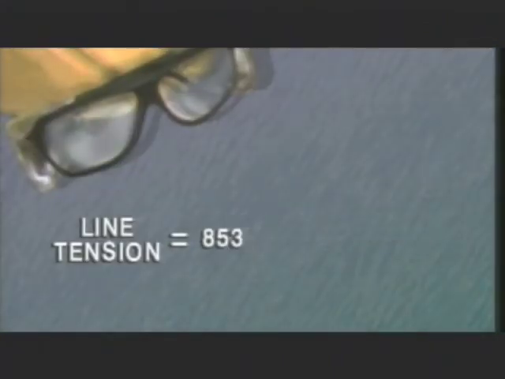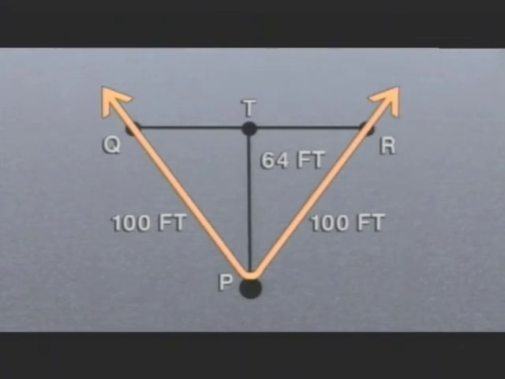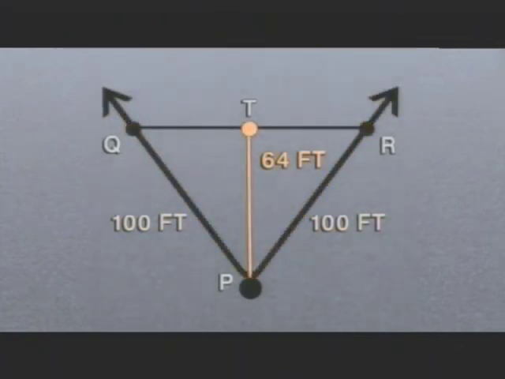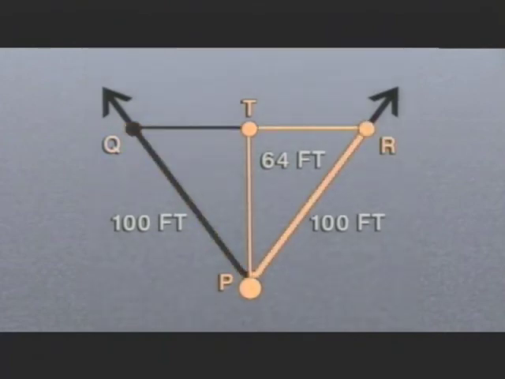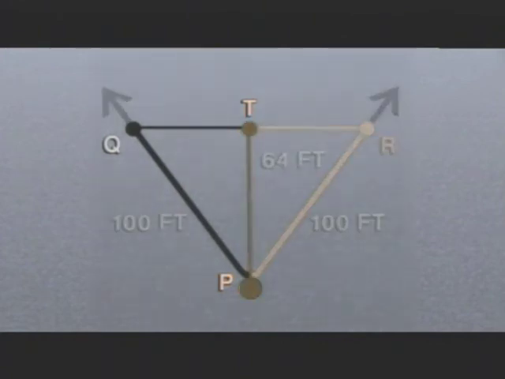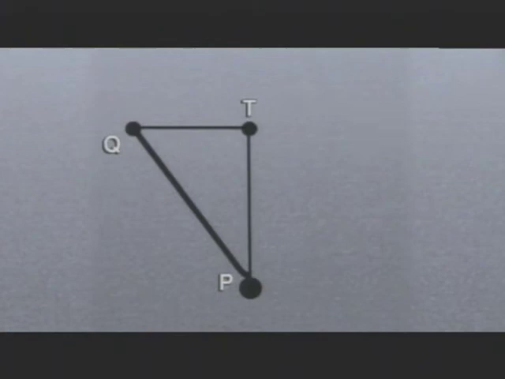After working through the formula, we find that the approximate line tension rounded off is 853 pounds. Once you know the line tension, the measured distances, and the length of the bisect line, you can find the bisect tension. This can be done by using the triangles formed by points P, Q, T, and points P, R, T. Let's start with triangle PQT.